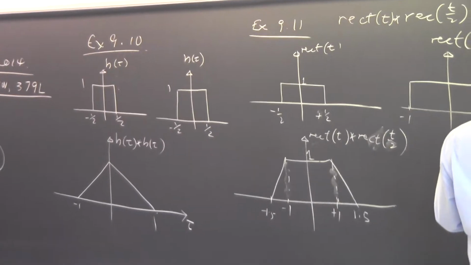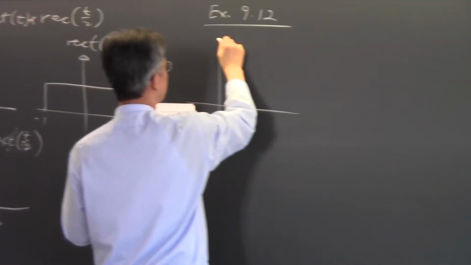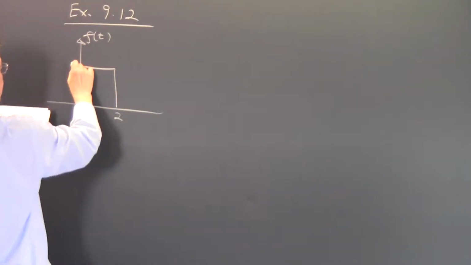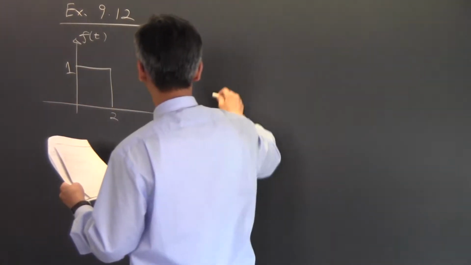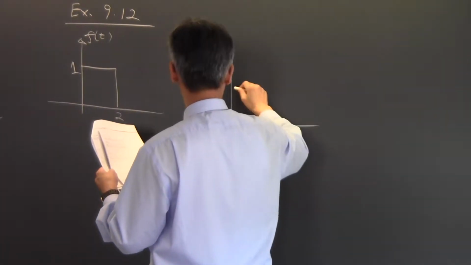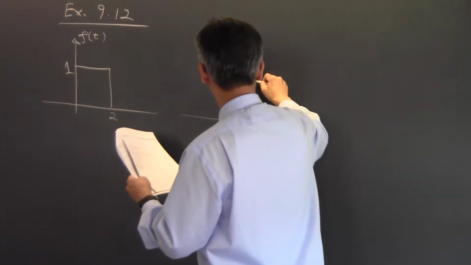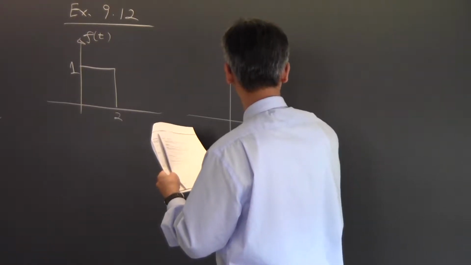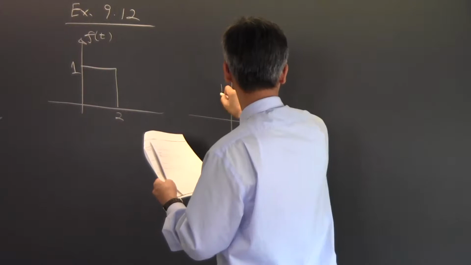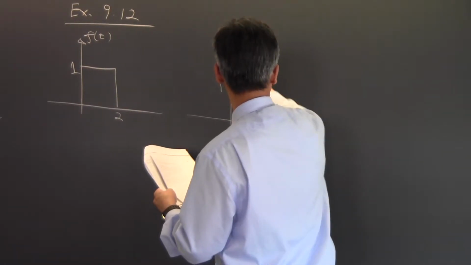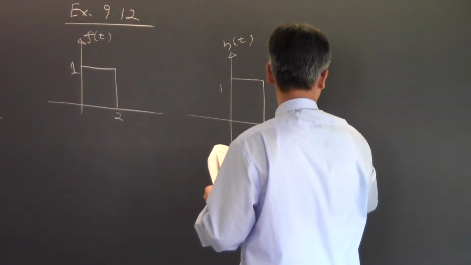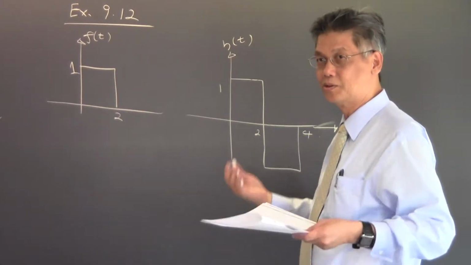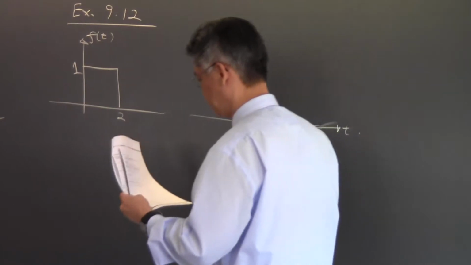9.12, you're given a rect function that looks something like this, 2, 1. And then you convolve with some sort of a strange square pulse, h of t. And when you convolve these two, you can go through the detail, but pictorially you can do it in your mind.